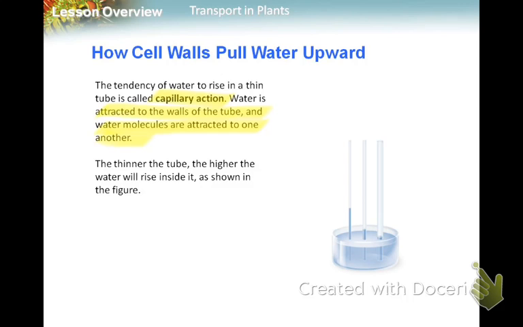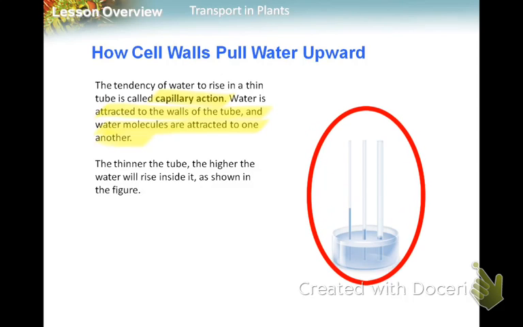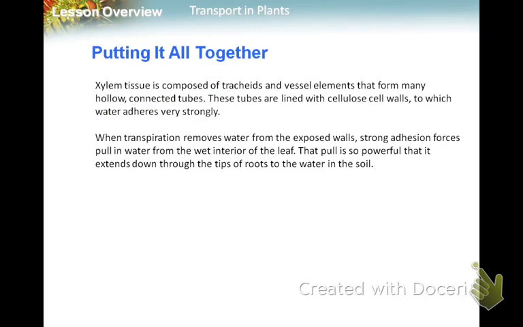molecules with one another. The thinner the tube, the higher the water will rise inside it, as you can see here. The thinnest tube has a water level that rises the most. We talked about how xylem tissue is composed of tracheids and vessel elements that form these tubes, like a network of pipes.